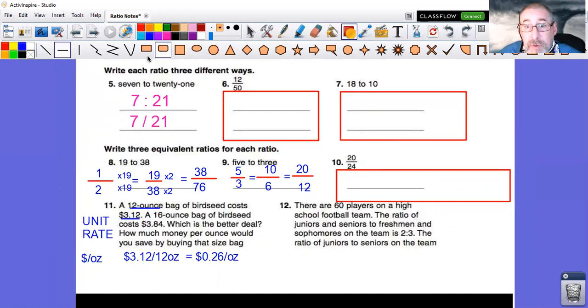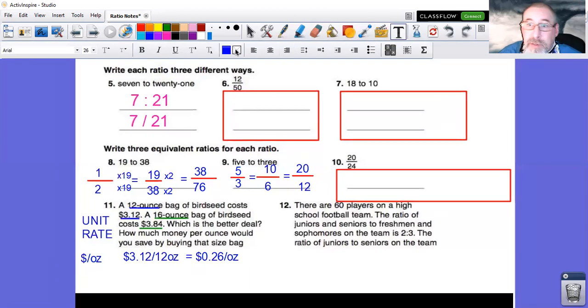Now, we have our other one, which is 16 ounces, $3.84. We're going to do the same thing. $3.84 divided by 16 ounces.